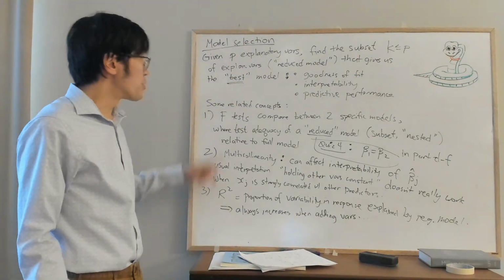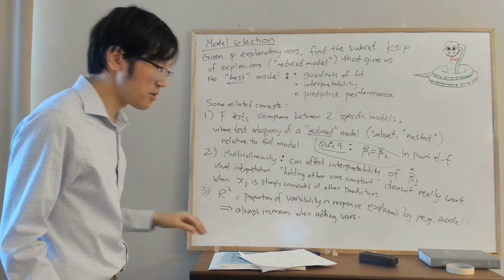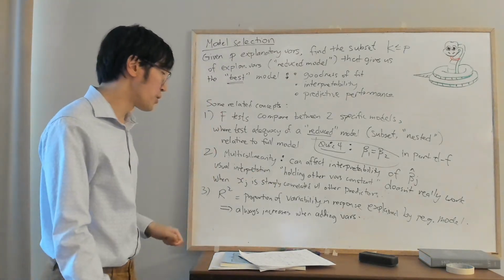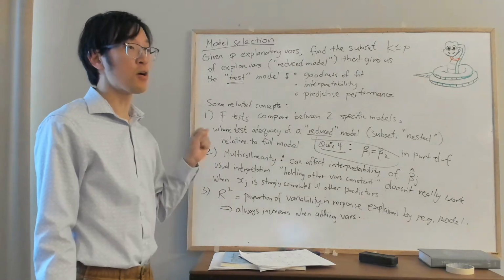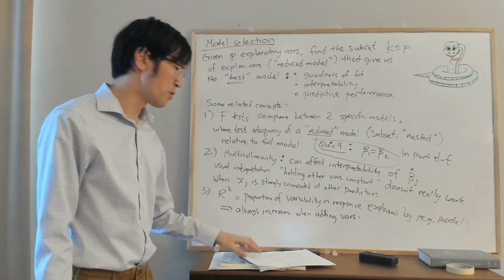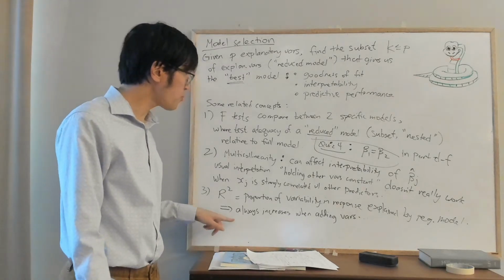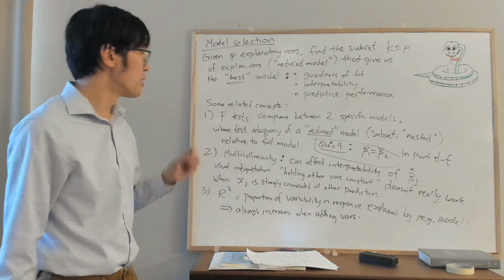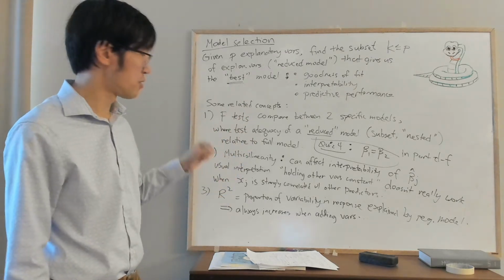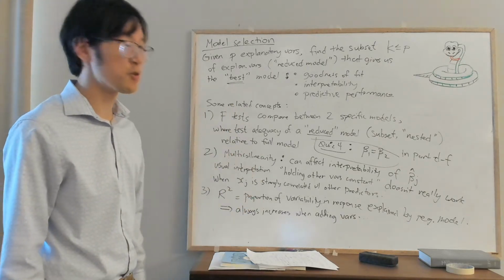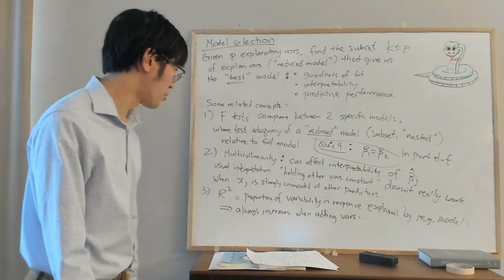Well, it's related to the F-tests we've done. If we throw more predictors into our model, then the sum of squares residual has to go down because of the Pythagorean argument we made. And if the sum of squares residual goes down, then R squared must increase because you'll have more sum of squares in the regression part.